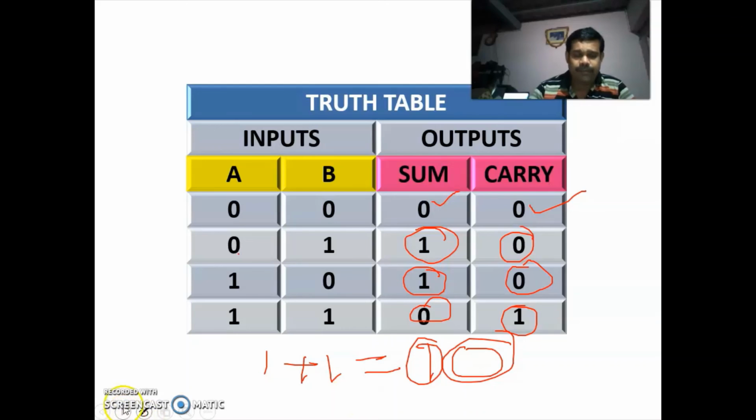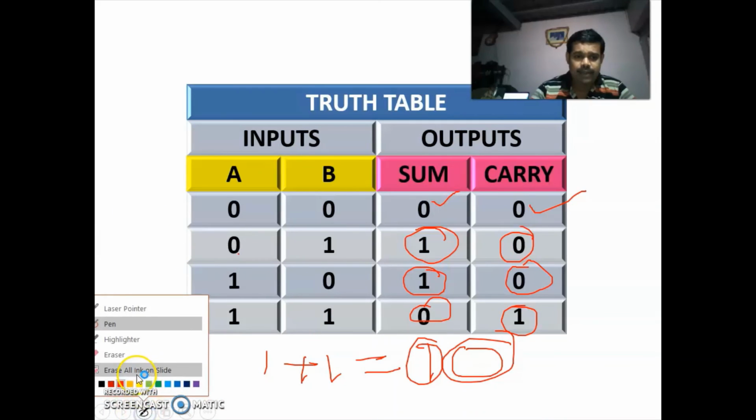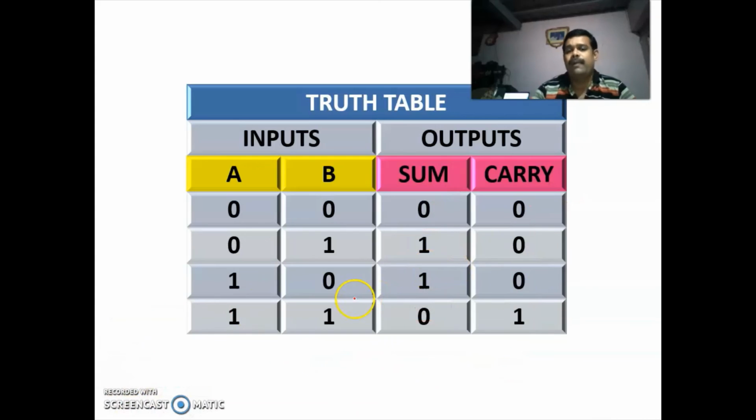Now first we have studied what a half adder is, then we have written the truth table. Now we are going to find the Boolean expression. How many input variables do we have? We have two input variables.